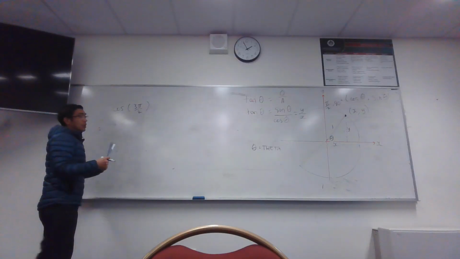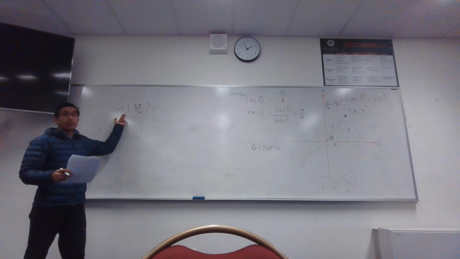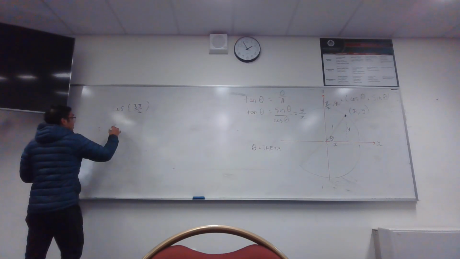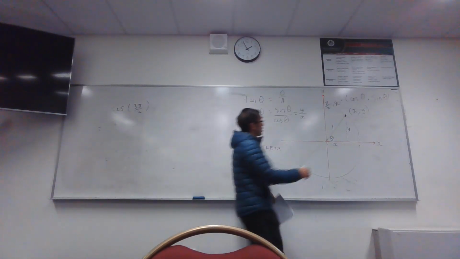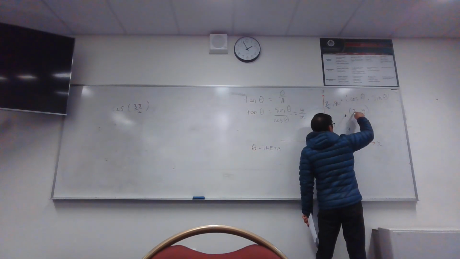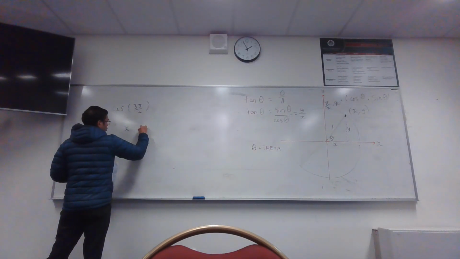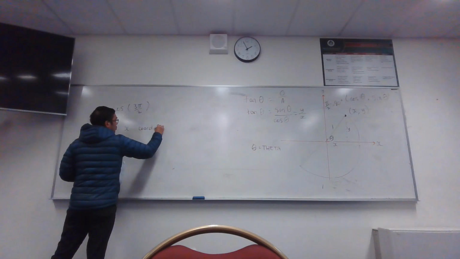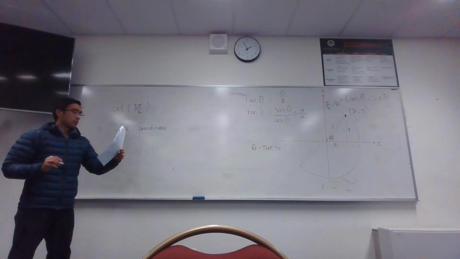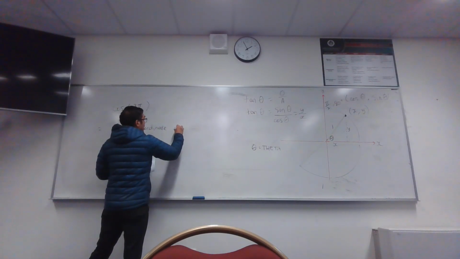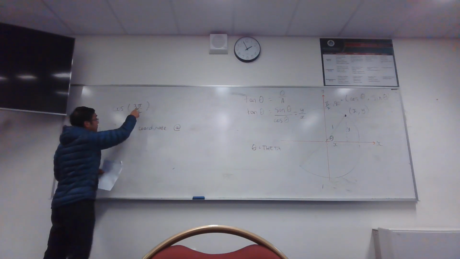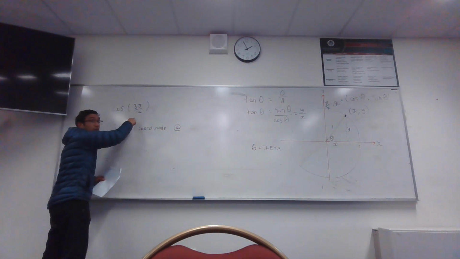Cosine. Which coordinate is cosine now? X. Whenever you see cosine, you're thinking X. So what you're really looking for, we want the X coordinate, okay, at an angle of 3 pi on 2.